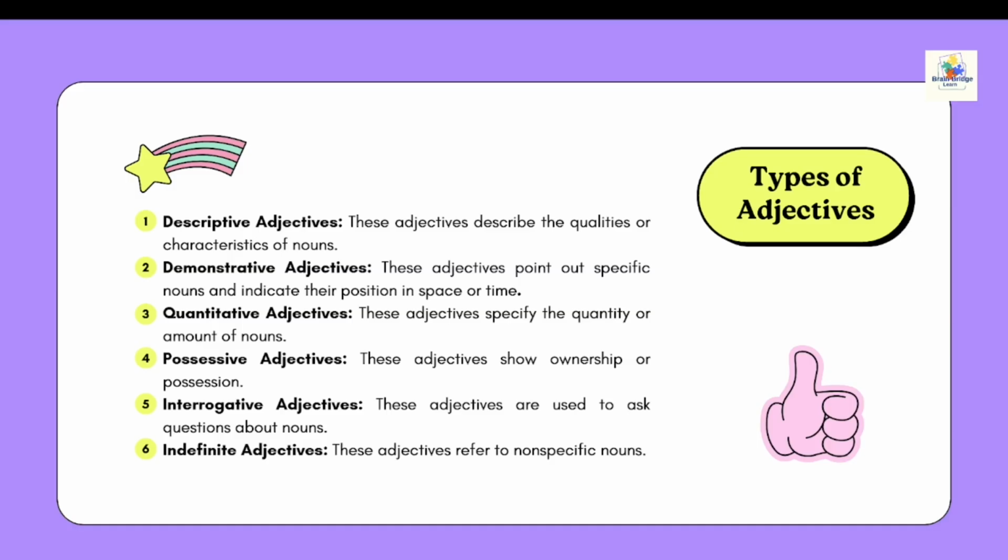What is the color of the apple? What is the shape of the apple? Like that. Next we have indefinite adjectives. These adjectives refer to non-specific nouns.